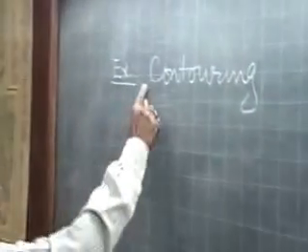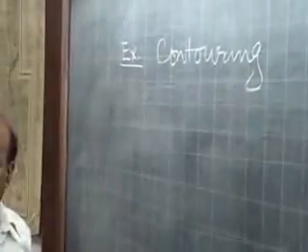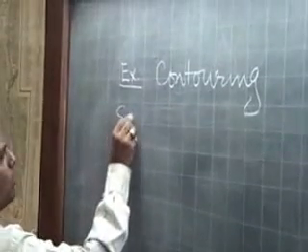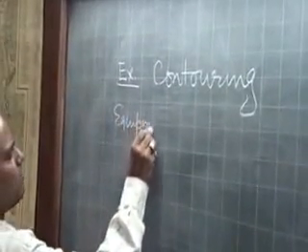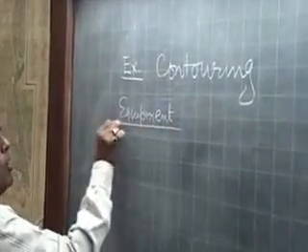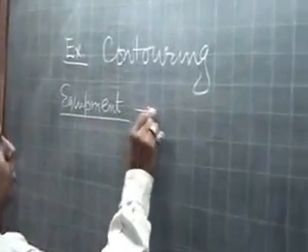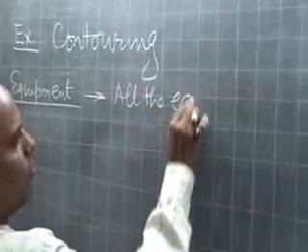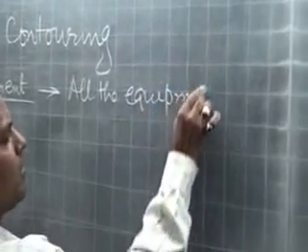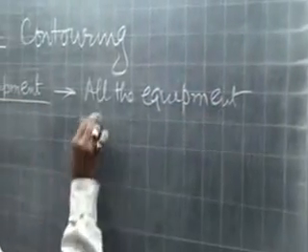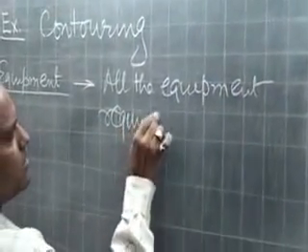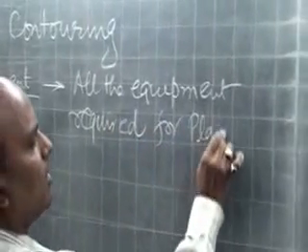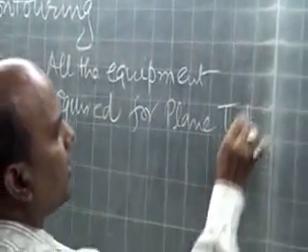I will explain how to take the observations and how to do the interpolation. The equipment you are using is almost the same as for plane table, because plane table and contouring are done simultaneously. Here the level and staff will play a great role.